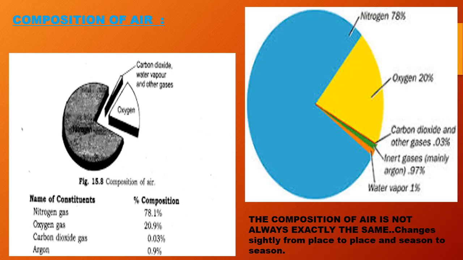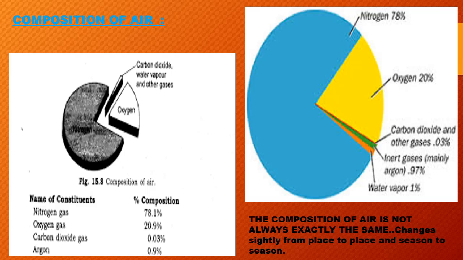So, what are the gases which are present in the atmosphere? In the picture, you can see nitrogen, oxygen, carbon dioxide, and other gases, and then some inert gases, mostly argon, and then the water vapor.